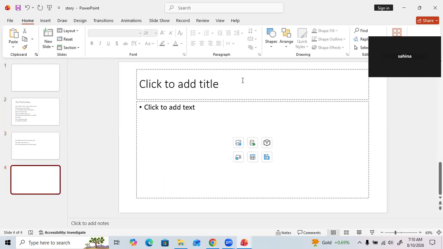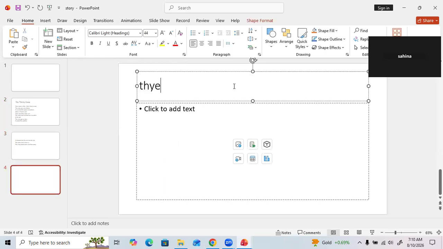For example, let's say the homework will be the lion and the mouse story. So what you need to do, you just have to type this in YouTube and you will get that story and you have to watch it. And after watching that, you need to proceed with the story writing.